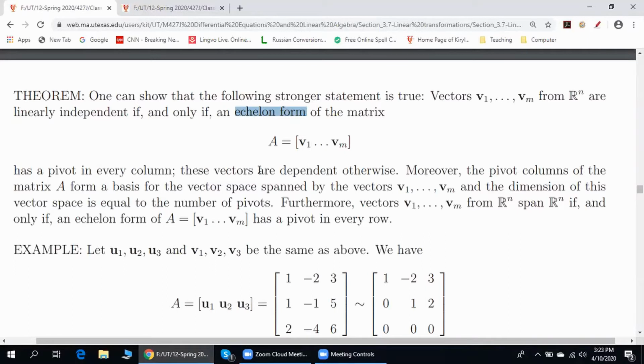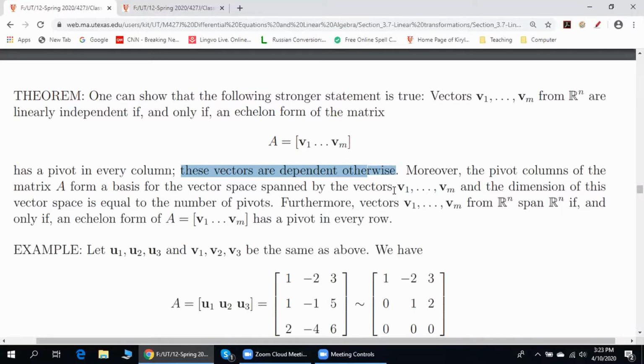If this echelon form has a pivot in every column, then vectors are independent. In other words, if we have the same number of pivots as vectors, vectors are independent. Case 2, if the number of pivots is less than the number of vectors, vectors are dependent.